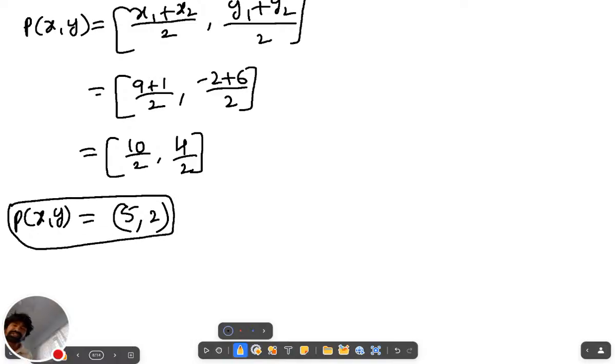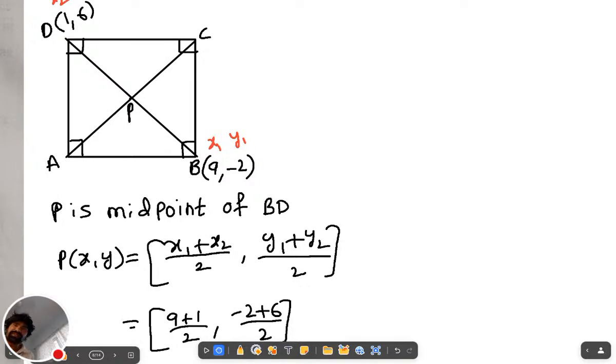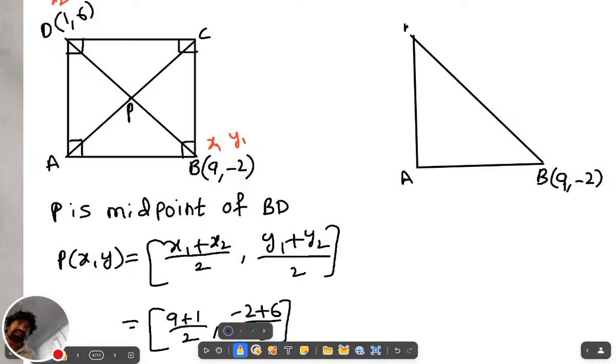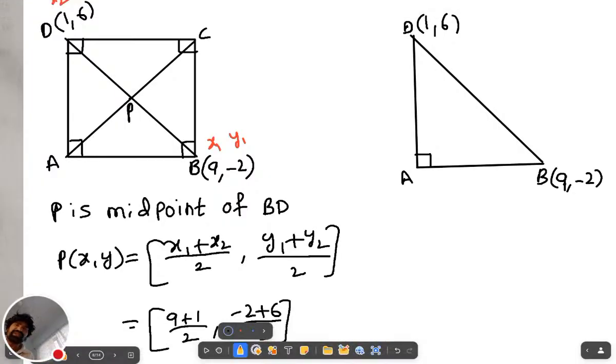Now we need to find the length of each side of the square. Let us take triangle ABD and redraw it. B coordinates are (9, -2) and D coordinates are (1, 6), and we know that the angle at A is 90 degrees.